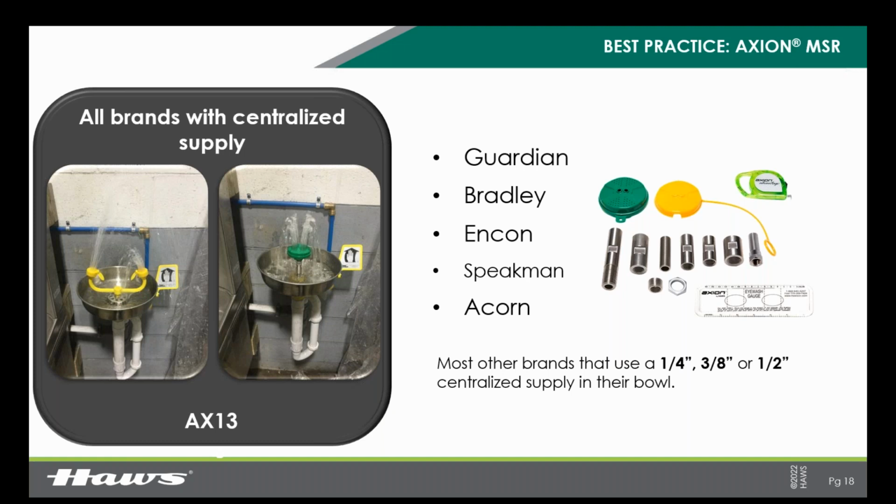It has dialed that pressure back down, evened the flow out, and we're back immediately into compliance. It comes with everything else that the kit came with before, just without the shower head, because there's no shower here. If there was and we still had that injurious flow, the AX13 would do its work just fine on that piece of equipment as well.